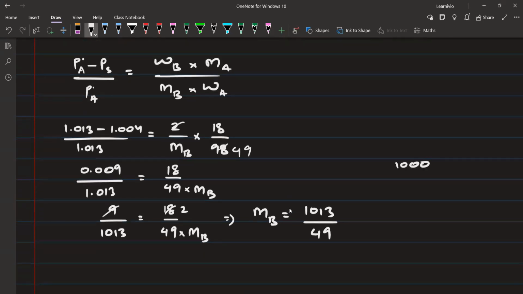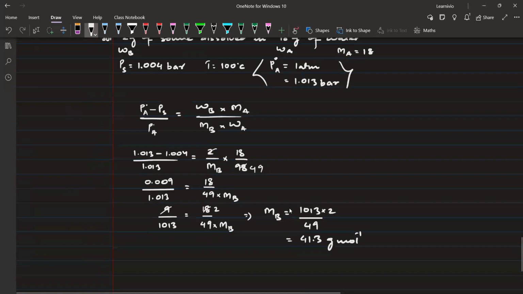Because if it was 1000 upon 50, how much would it be? Oh, we missed the 2, there will also be a multiplication by 2. Here we had 2. So 1000 upon 50 is 20, and into 2, approximately 40. Yes, 40 is right. A bit more than 40, you can calculate it. This will be, I guess, 41.3 grams per mole. Here, please copy this down.